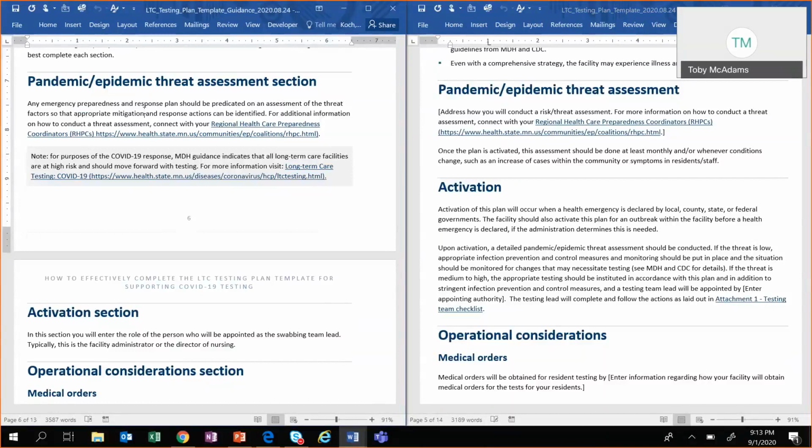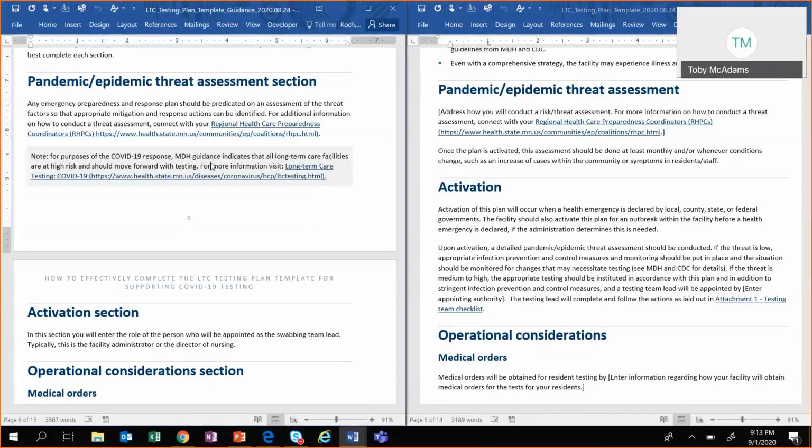We would develop a guidance in relation to that response, and then you would use that guidance and update your testing plan. That way you allow for that level of flexibility. Now, what I've said here in the guidance section is that for the purposes of the COVID response, based on the MDH guidance, all long-term care facilities are at high risk and therefore should move forward with testing.